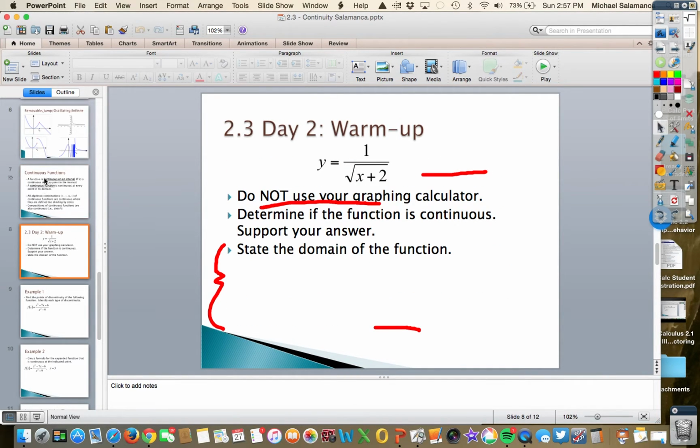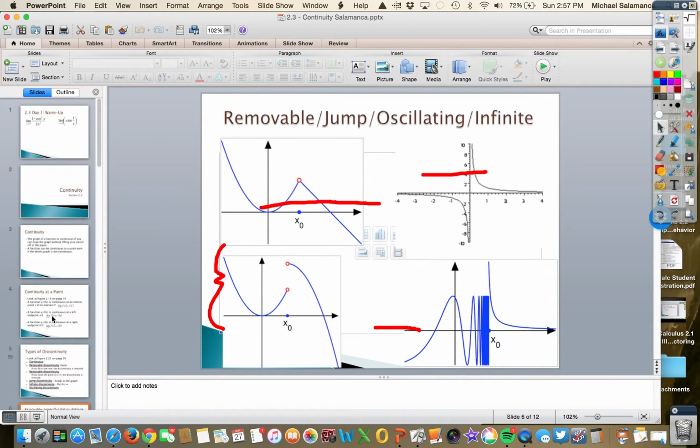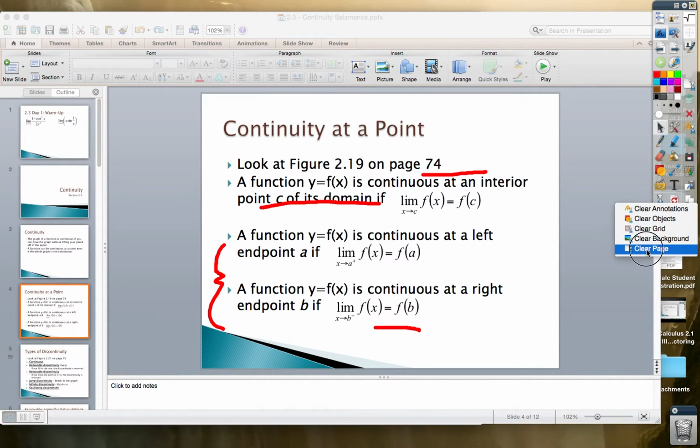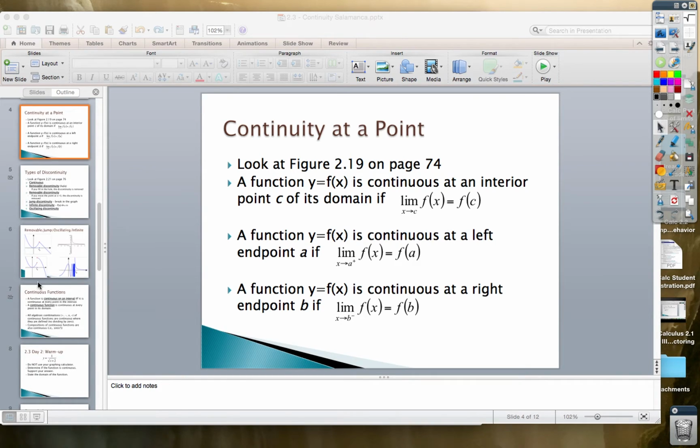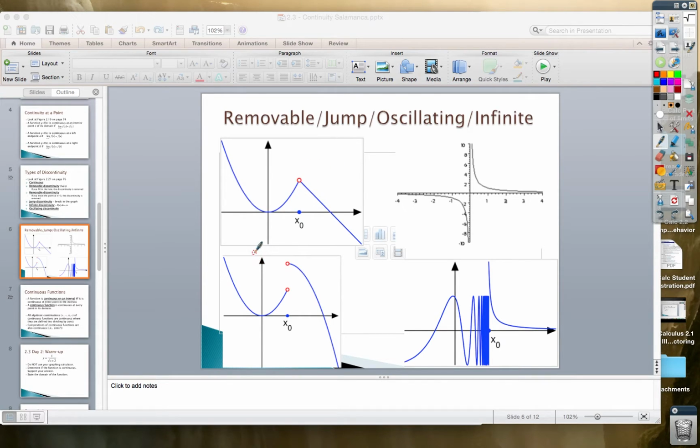So let's go back really quick and talk about continuous functions at a left endpoint and at a right endpoint. Going back to these graphs of functions, or of limits, looking at this particular function, as the graph approaches 0 from the positive side, we'll see that it's continuous there because it actually has a value.